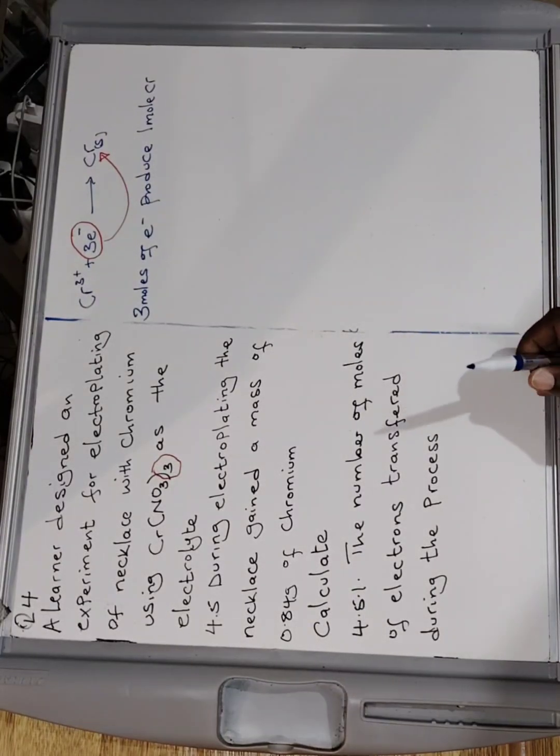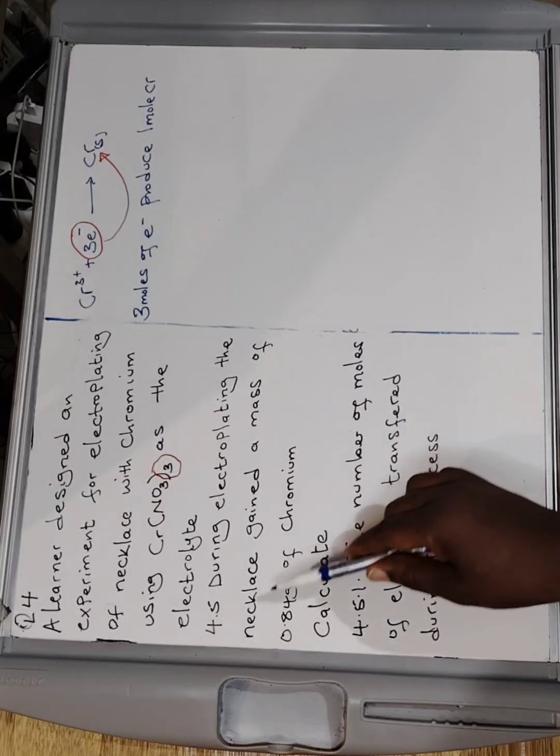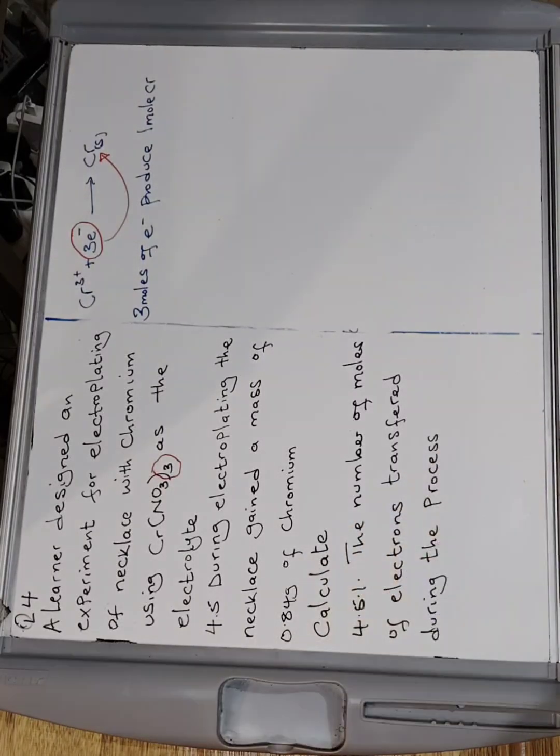We have to remember that we are given our chromium in mass, in grams. So now you have to know that 1 mole of chromium is equal to the molar mass of chromium.